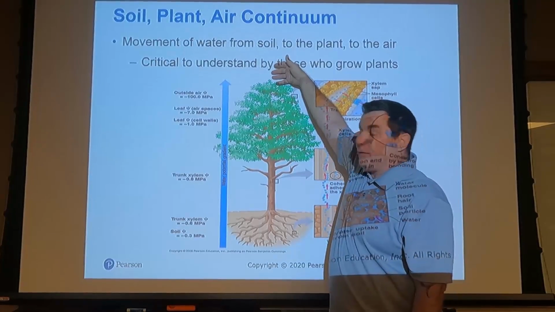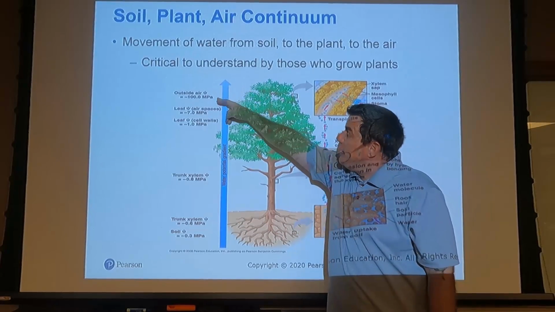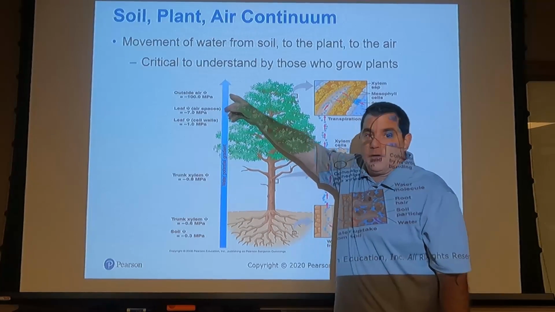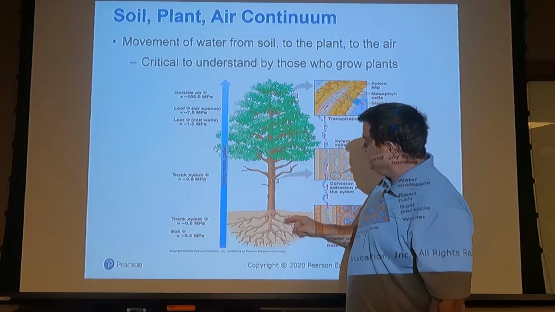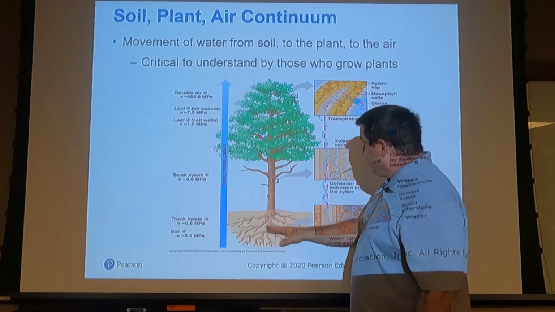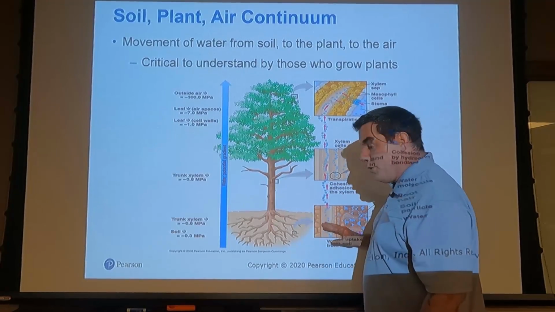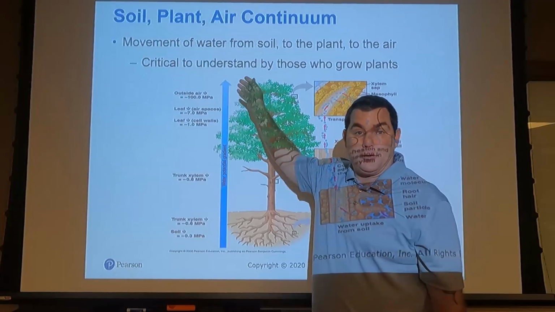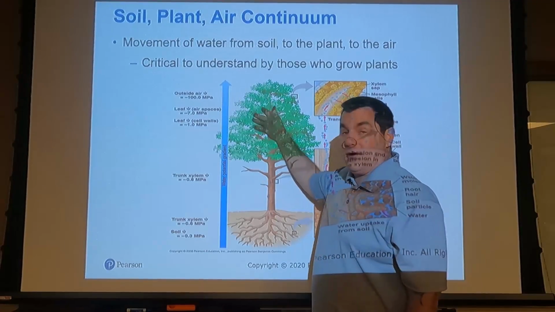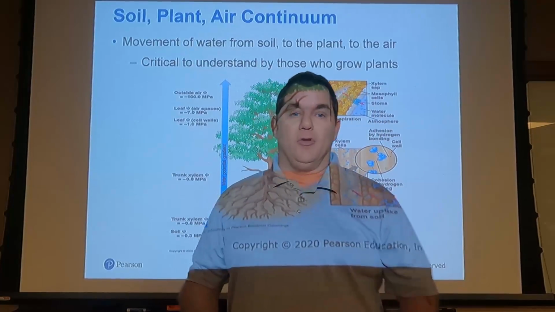Because this potential is so great, this negative 100 megapascals, or what we might call bars, this is going to continuously happen. Eventually, if there's no water in the soil, this negative pressure will become air, and it will start to pull the air out of the soil. That is what's called an embolism.